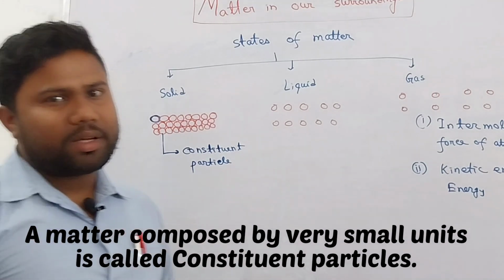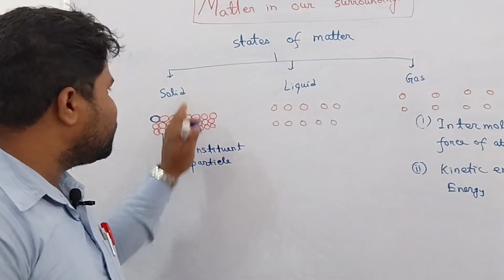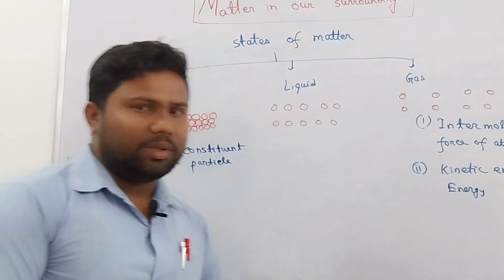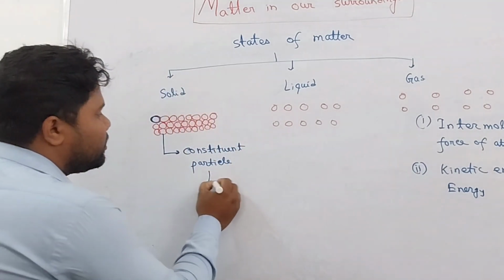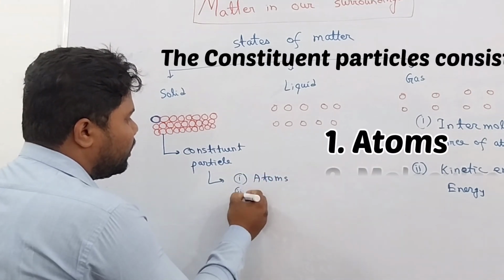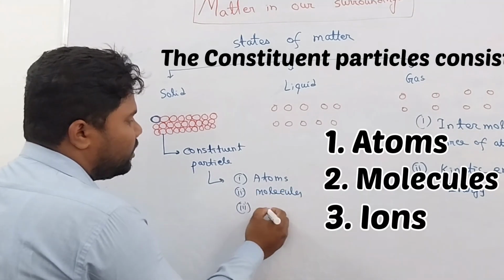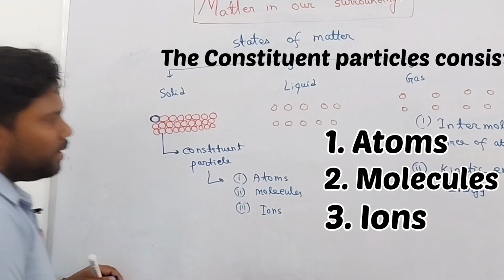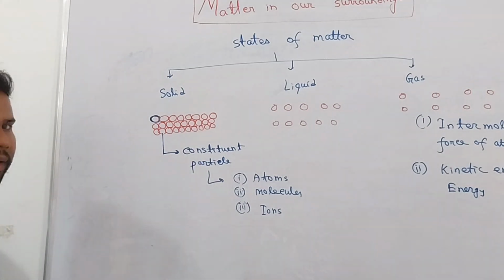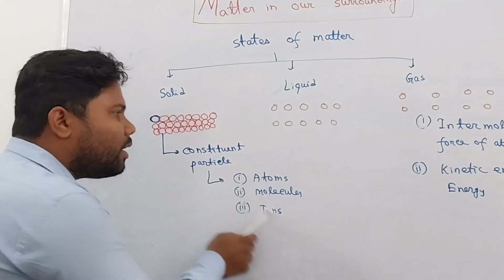Again I would like to ask you, a matter is composed of which particle? A matter is composed of constituent particles. This is the constituent particle that I have drawn on the board, and these constituent particles may be atoms, molecules or ions.